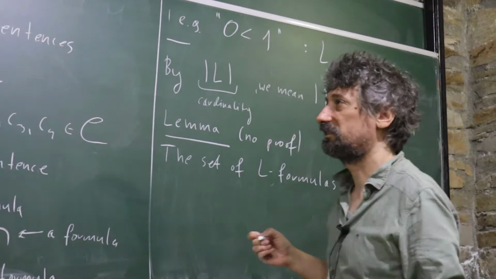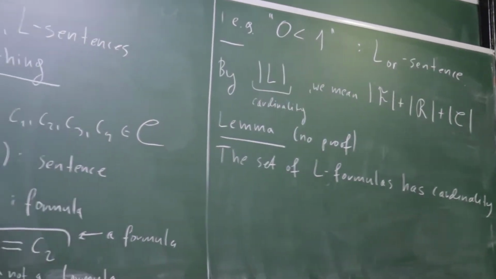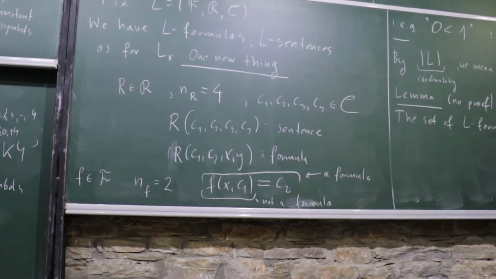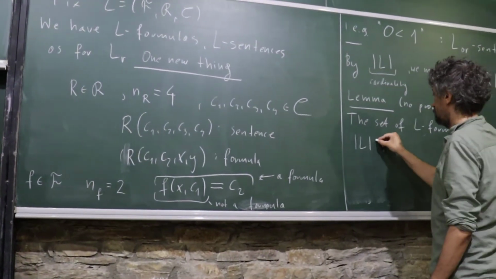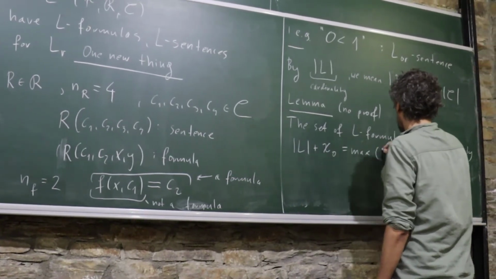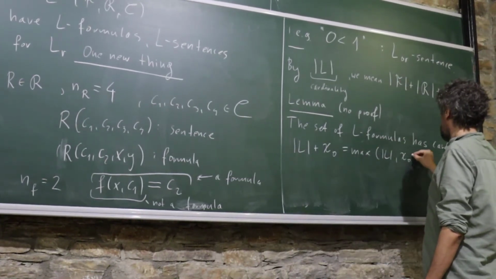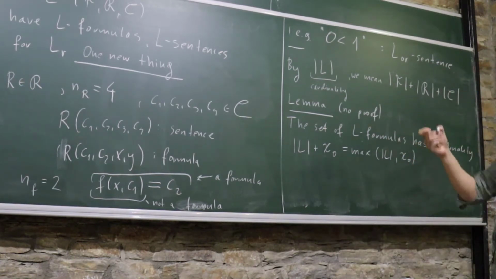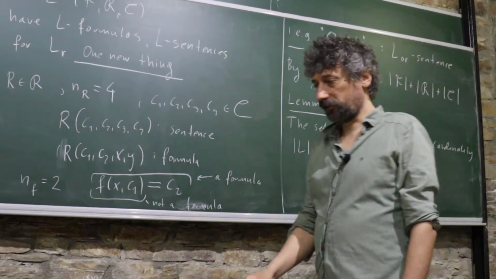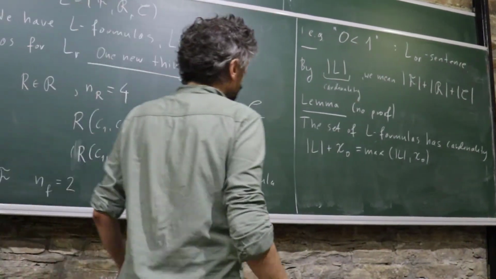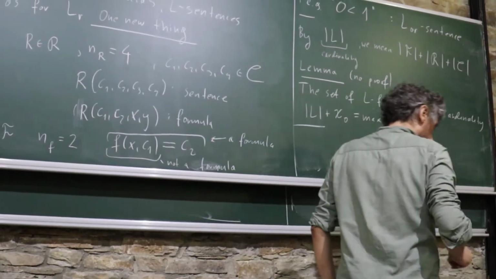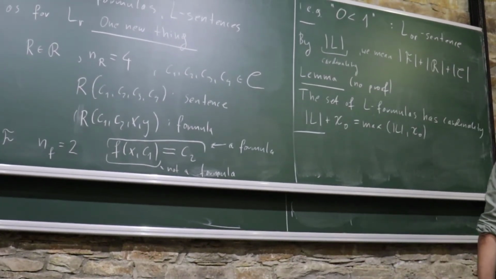Yes, these formulas are obtained in finite ways from the symbols, so you can get the cardinality. It's the same as the maximum. So in any finite step, definitely there are at least aleph 0 of them, but there may be more. This will be used later.